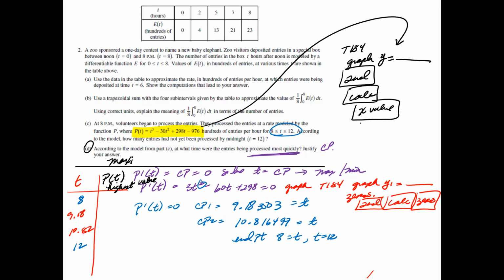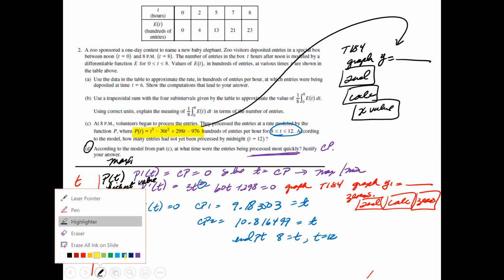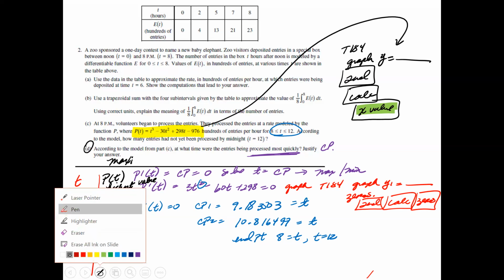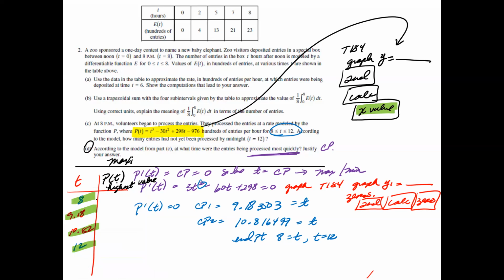Then you're going to type in the X values, and there are 4 of them: 8, 9.18, 10.82, and then 12. Once you do that, you should find that 8 gives you a 0, 9.18 is 5.089, 10.82 is 2.9, and 12 is 8.